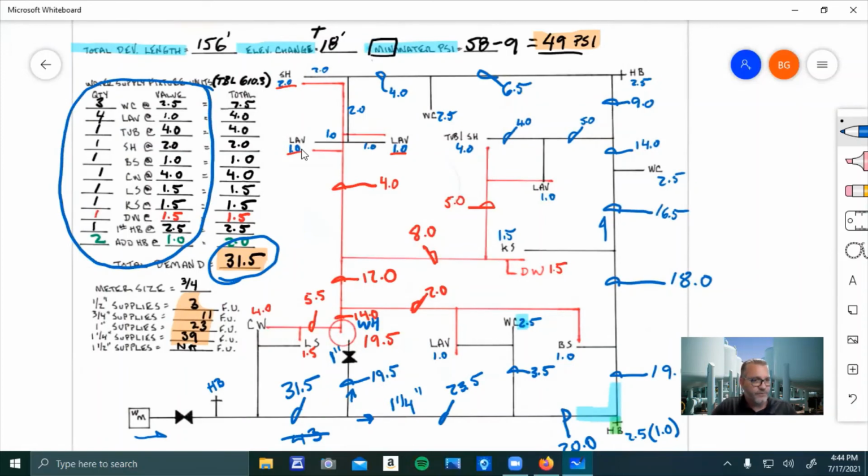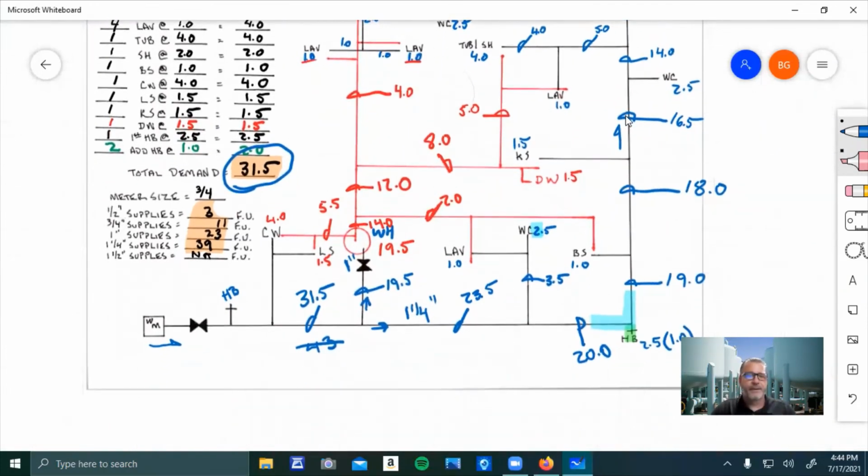We only feed 31.5. It just happens that 19.5 fixture units happen to be going this way as well as this way. Okay, so we don't have to go higher than 31.5.